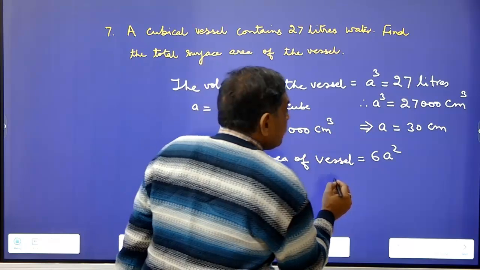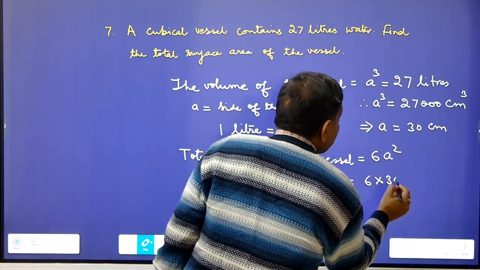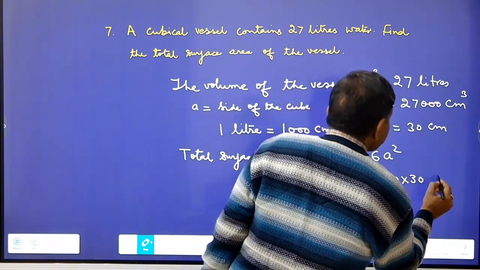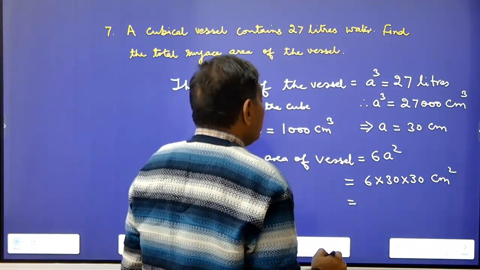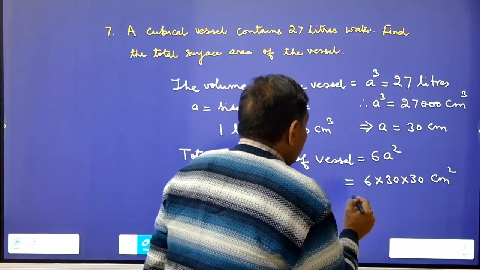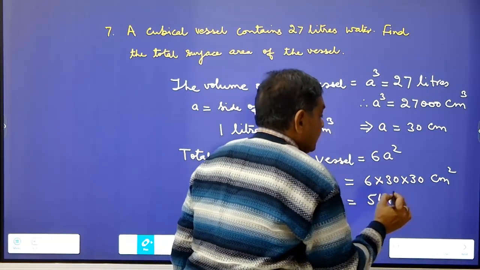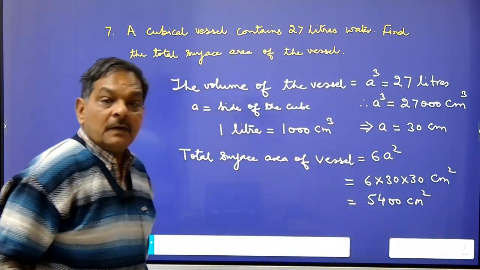So, this is equal to 6 into 30 into 30 centimeter square. So, this is equal to 5400 centimeter square, and this is our answer.